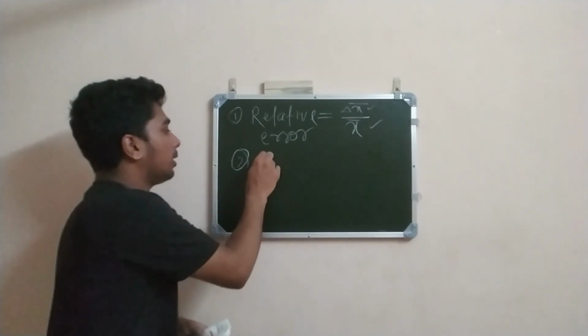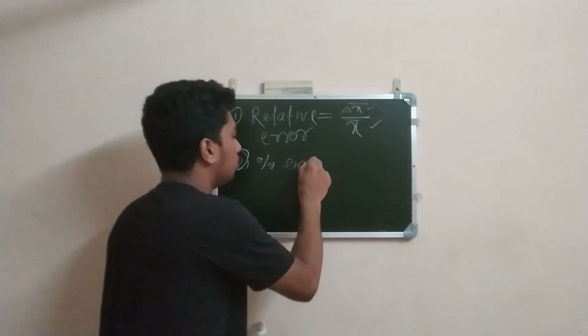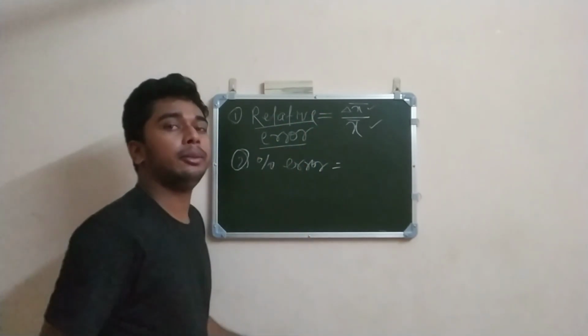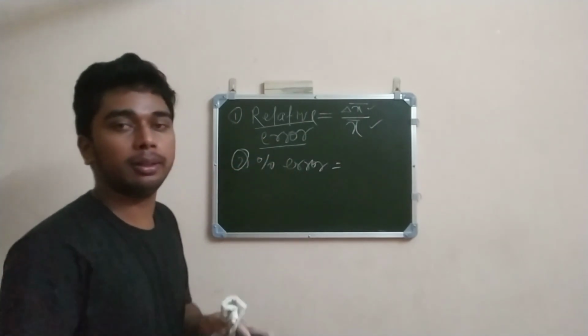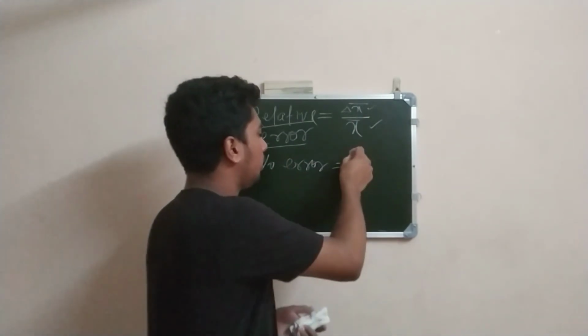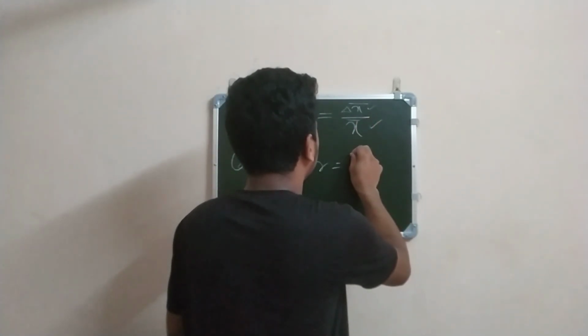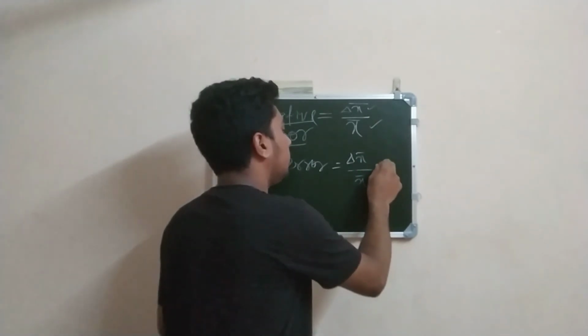Then the second one is the percentage error. Percentage error is nothing but the relative error multiplied by 100; it just converts the relative error into a percentage. So it will be del x bar by x bar multiplied by 100.